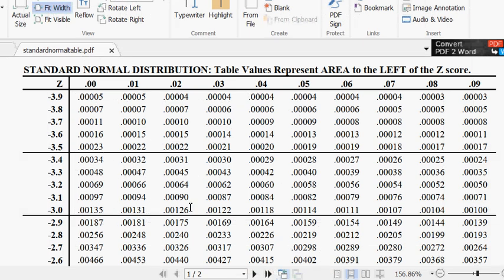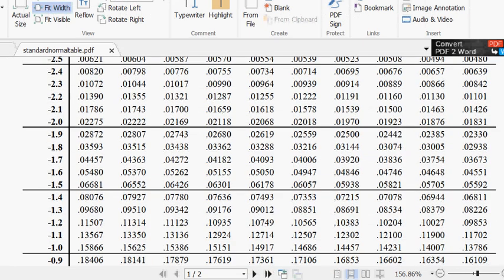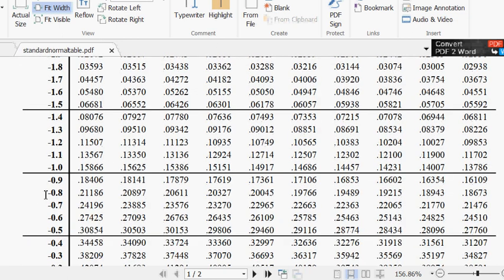Okay, so I go back to the table. Here you have minus 0.8, so ours is 0.85.